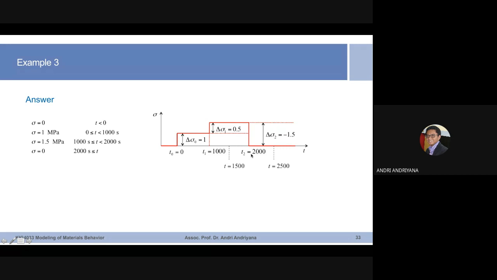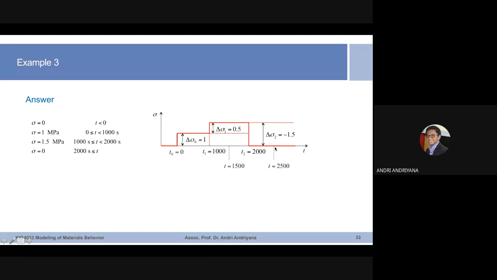Then the question is, what will be the strain when t equal to 1500 and when t equal to 2500? Obviously, at t equal to 1500, it involves only two loading increments, delta sigma 0 and delta sigma 1.